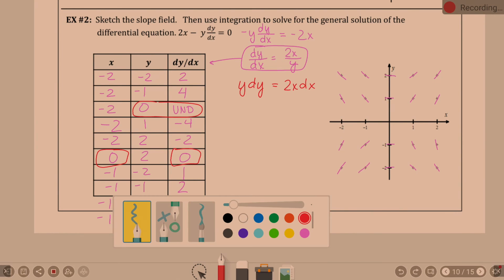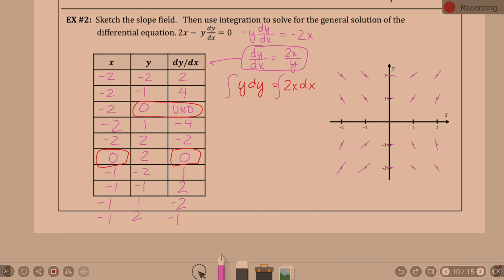And then if we integrate both sides, we end up with what? 1/2 y squared equals x squared plus c. Depending on your situation, I am going to multiply my 2 over, so it's y squared equals 2x squared plus c.